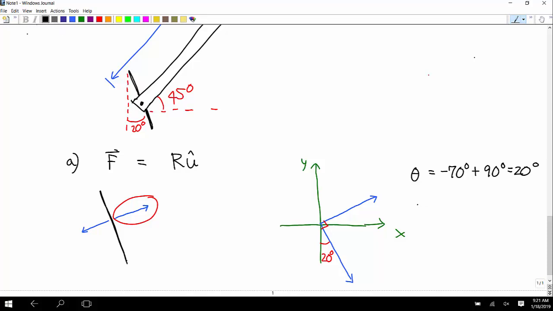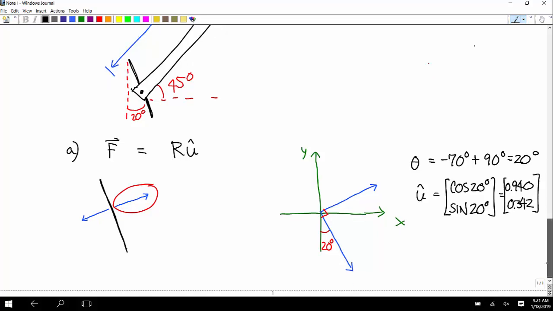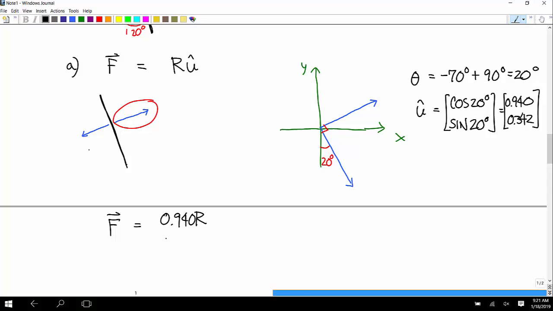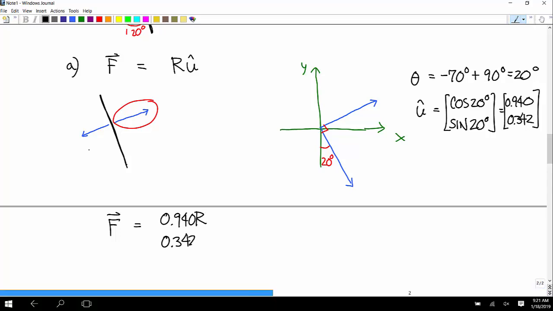So the unit vector is cosine of 20, sine of 20, or 0.940, 0.342. And so that force vector is r times this: 0.940 r, 0.342 r.